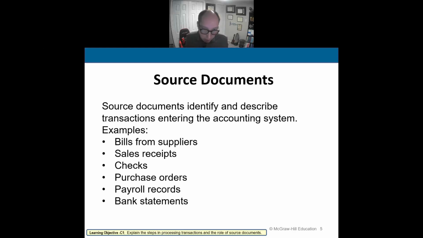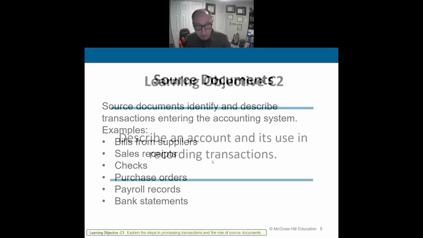So think of it like a computer software that maintains all of the data for the transactions that have happened within the business. So for a small business, they probably use QuickBooks. They might use NetSuite. They might use Sage 50. These are all accounting software that individuals use. And so all the data from the transactions are entered into that accounting system.